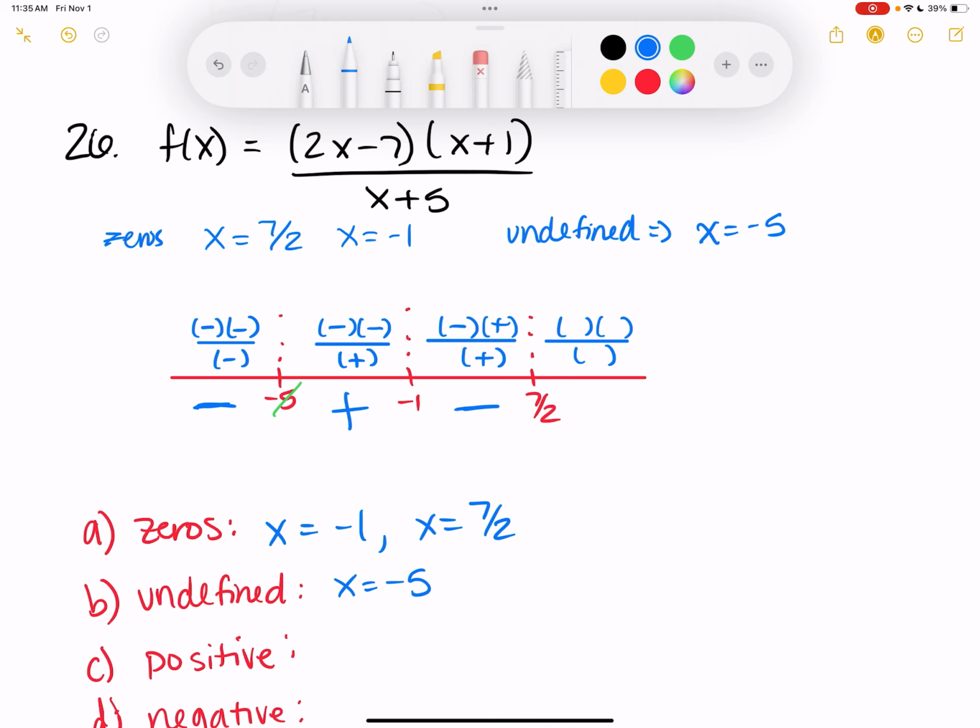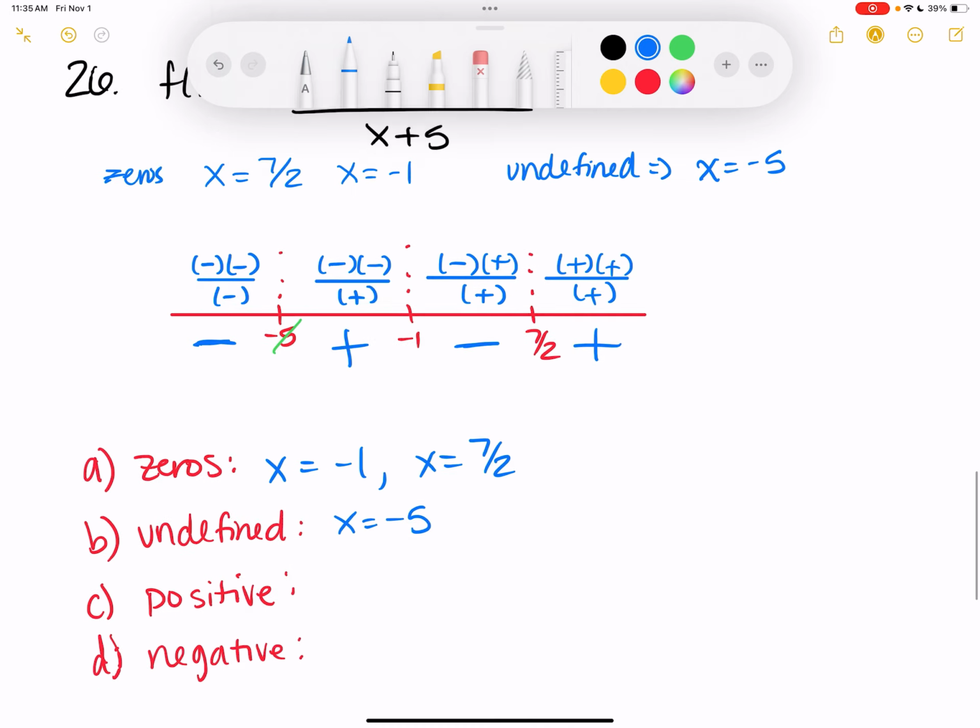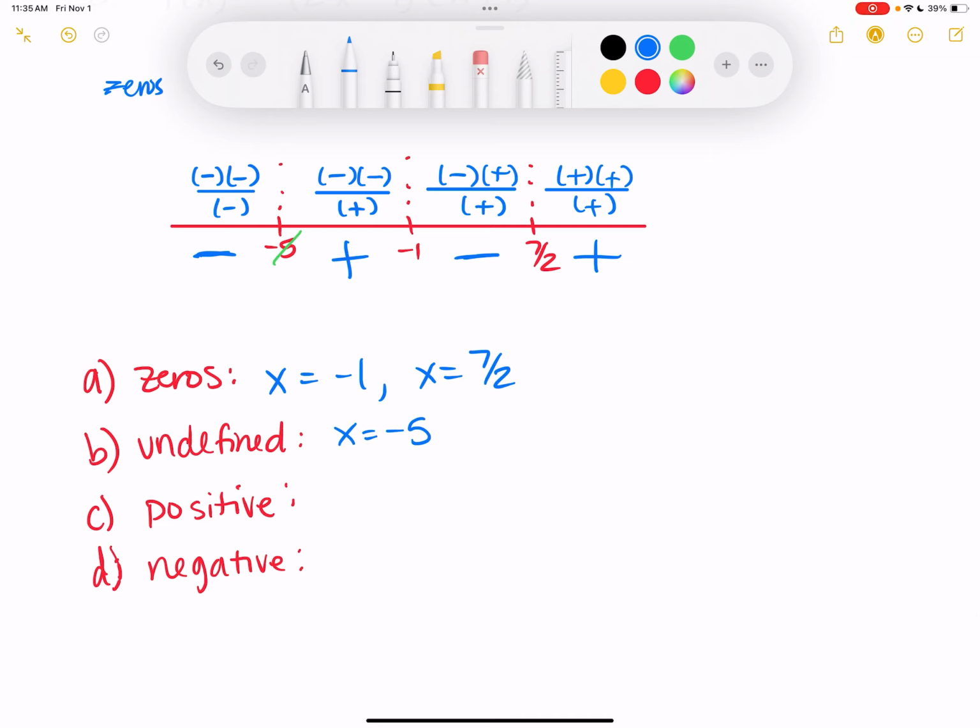When I plug that in, I get positive, so that whole thing is positive. So then now, doing my intervals, it is positive from -5 to -1, union 7/2 to infinity. And it's negative from -infinity to -5, union -1 to 7/2.